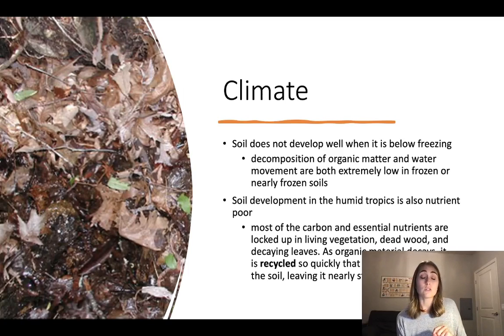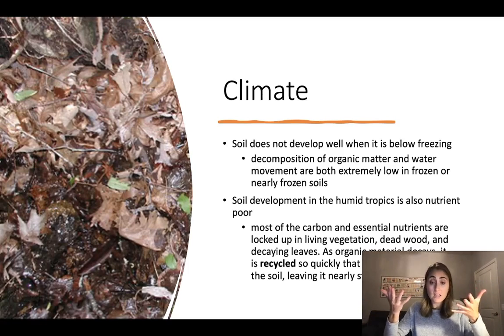We also learned in our biomes unit that even though tropical rainforests, or areas that are humid tropics, have tons and tons of biodiversity, they actually have some of the most nutrient poor soils. And that's largely because most of those nutrients are being used by primary producers in that area.